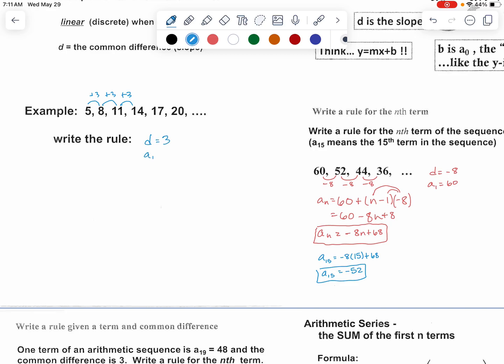Your first term is 5, so if we substitute this in to find your rule, you get a sub n equals 5 plus n minus 1 times your common difference, which is 3. If we distribute this in, you end up with 5 plus 3n minus 3, or you get the rule a sub n equals 3n plus 2.